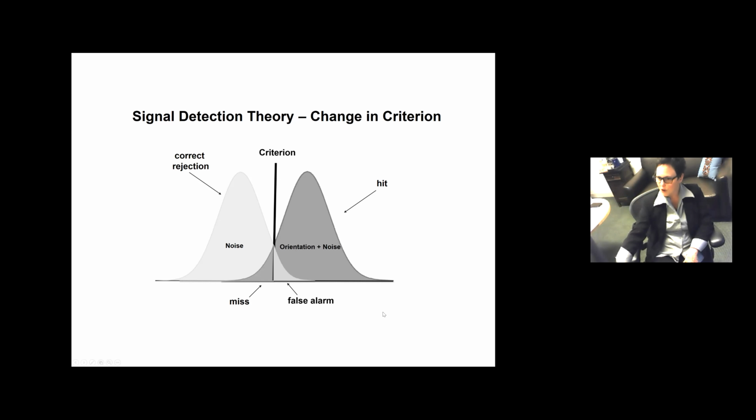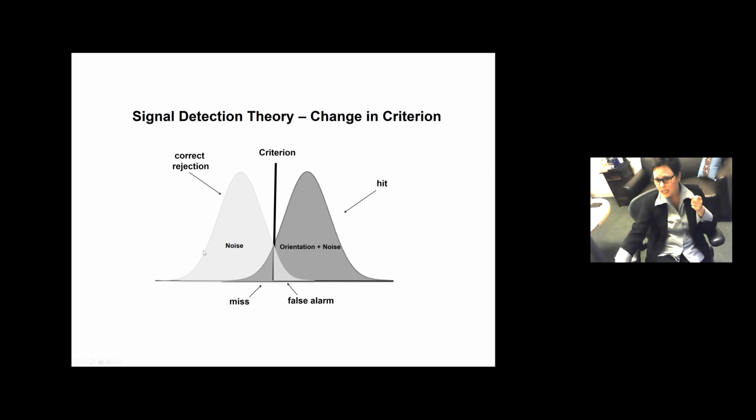So if something was drawn from this distribution here, you would say yes, you saw orientation, right? And if that came from this distribution, to the right of this criterion, that would be called a hit, because the stimulus actually appeared, and you said yes, it appeared.